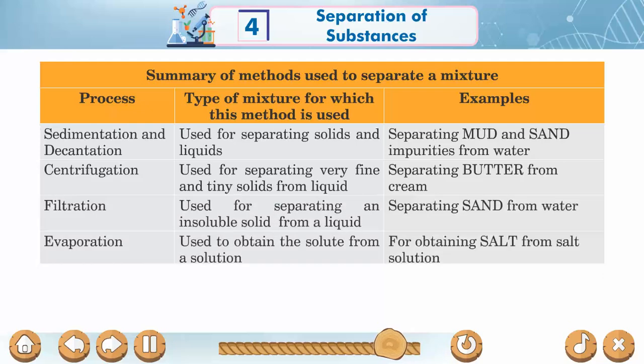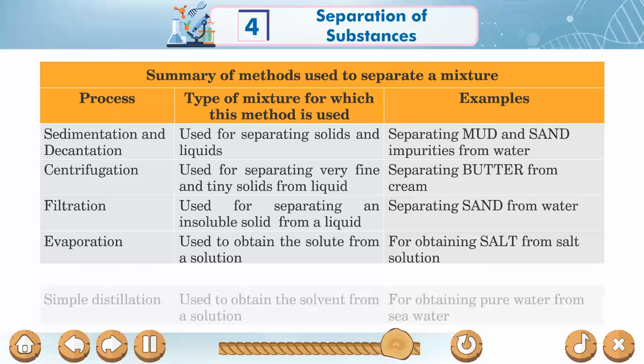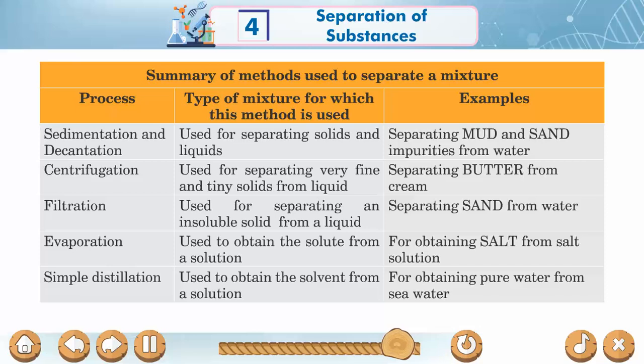Filtration, used for separating an insoluble solid from a liquid, separating sand from water. Evaporation, used to obtain the solute from a solution, for obtaining salt from salt solution. Simple distillation, used to obtain the solvent from a solution, for obtaining pure water from seawater.